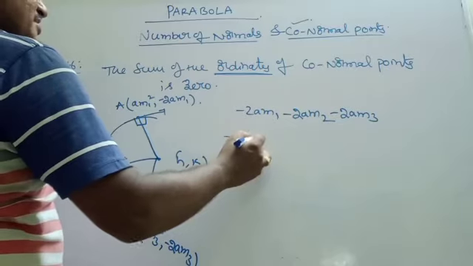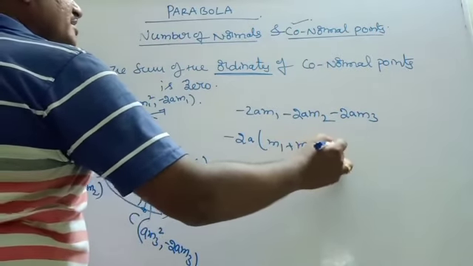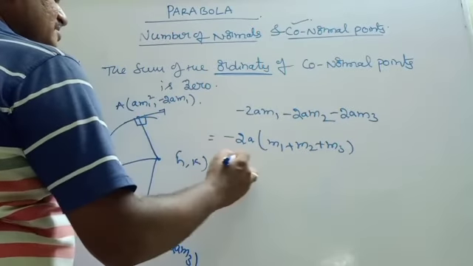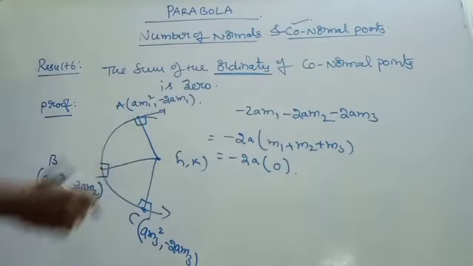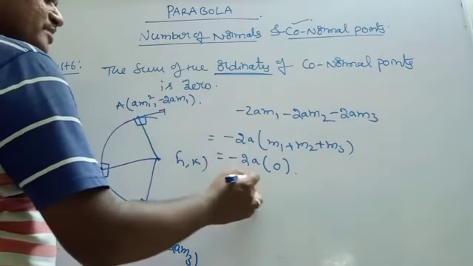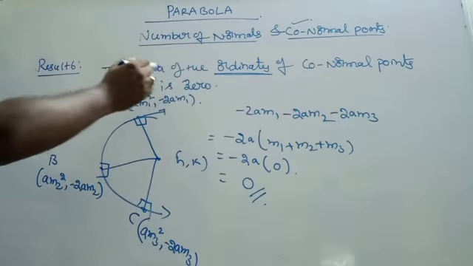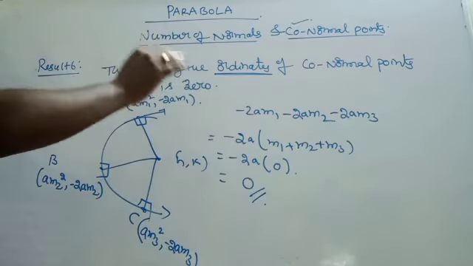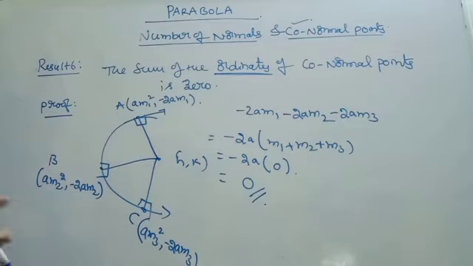If you take minus 2a common, you have m1 plus m2 plus m3, which is minus 2a into 0, because we know already m1 plus m2 plus m3 is 0. That is now equal to 0. Therefore we have got the result: the sum of the ordinates of the co-normal points will be 0. See how beautifully we have got this result.